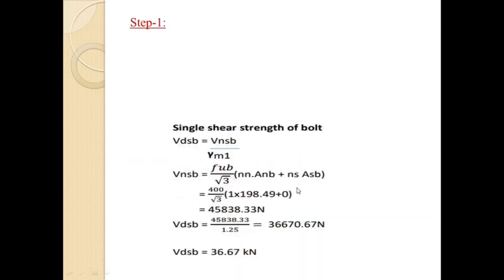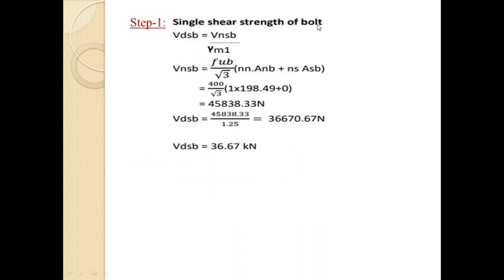So next is step number 1. First we have to calculate the single shear strength of bolt, that is VDSB. So the formula we know, VDSB is equal to VNSB upon gamma M1, where VNSB is the net shear strength of that bolt.